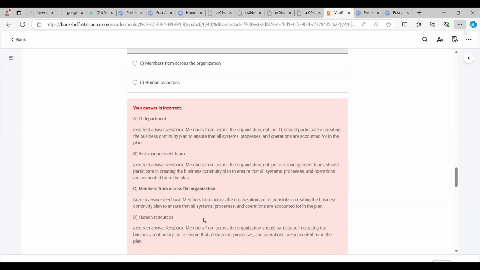So members from across the organization are responsible for creating the business continuity plan to ensure that all system processes and operations are accounted for. Because people in finance know what is critical to them, what they want to protect. So they will not be the ones to say, okay, these are our critical assets. Right? So they will not develop a business continuity plan relating to their own assets. So you get it.